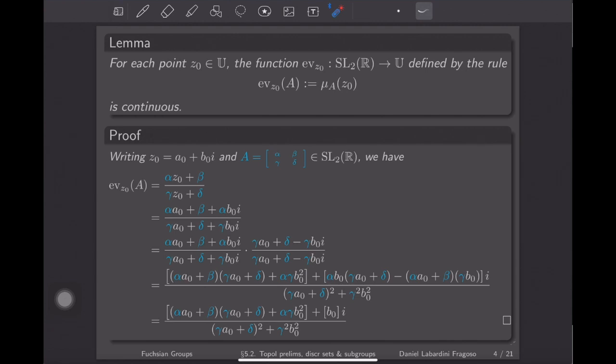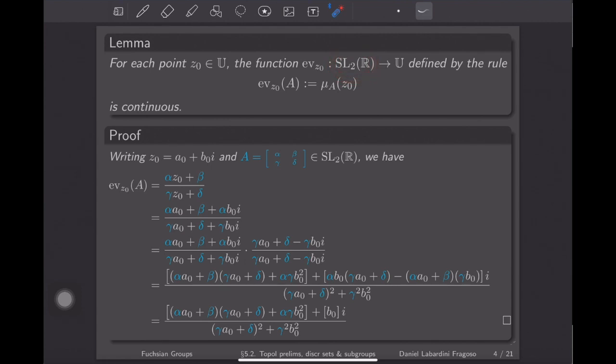So we're going to see that certain evaluation functions are proper. That's the first objective. And by evaluation function, what I mean is that I pick a point in the hyperbolic plane, in this case in the upper half plane, and then I fix it, and then I'm going to evaluate matrices there.